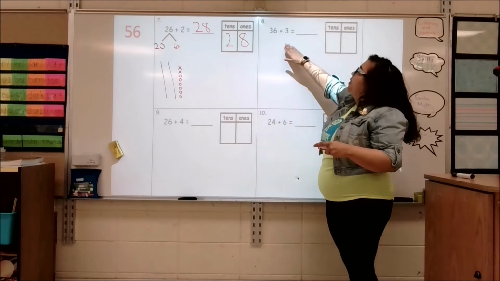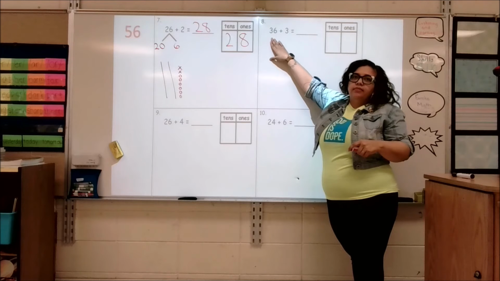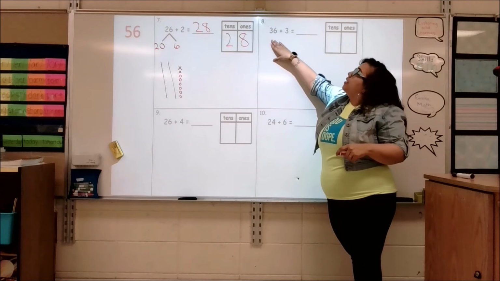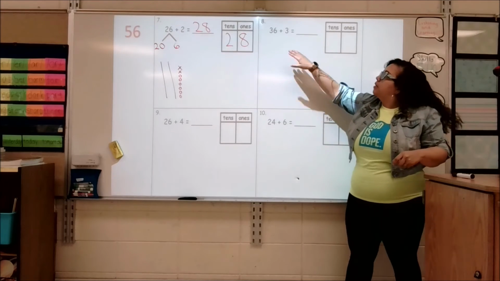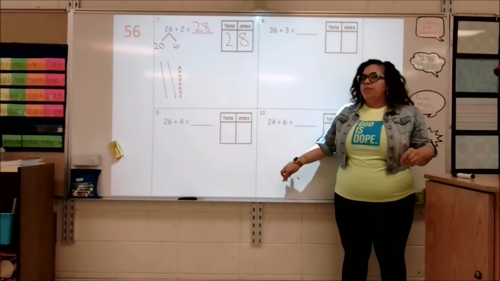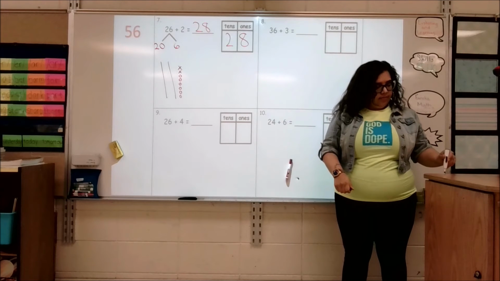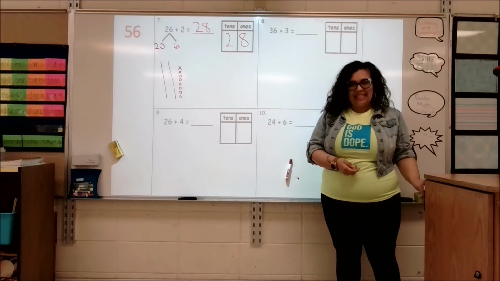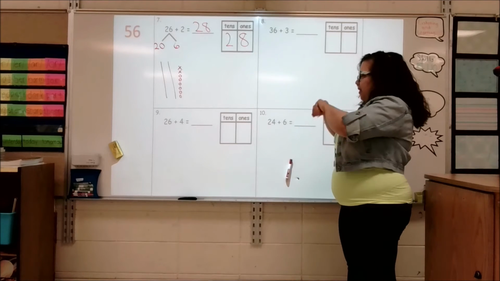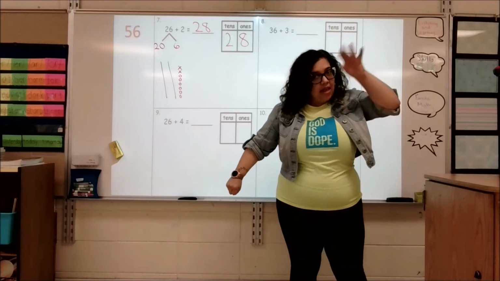Okay. Read this to me. 36 plus 3. Good. Which of these parts will we break into smaller pieces? 36 or 3? Correct. 36 becomes smaller pieces, that being my tens and my ones.